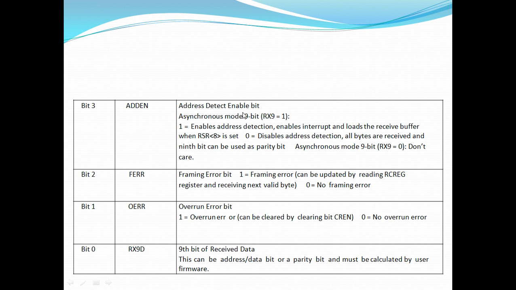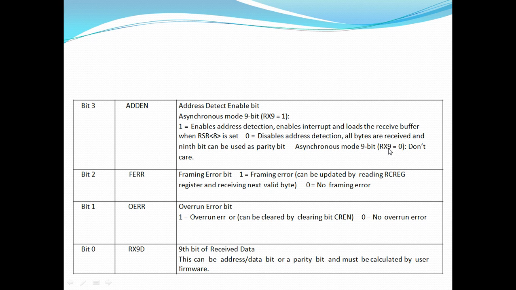Next is the address detect enable bit. This is used for detection of address. That enables interrupt and loads the receiver buffer when 9-bit mode is set. If we write 0 to this particular bit, then it disables the address detection.